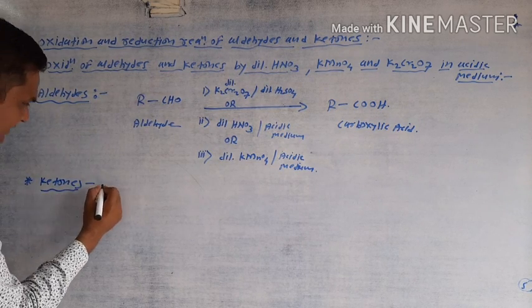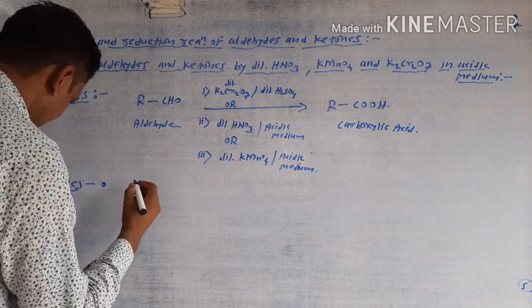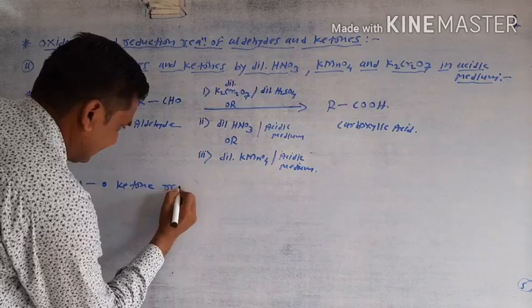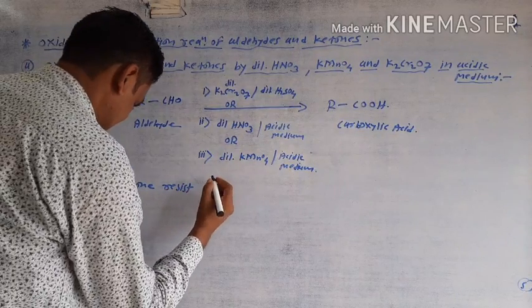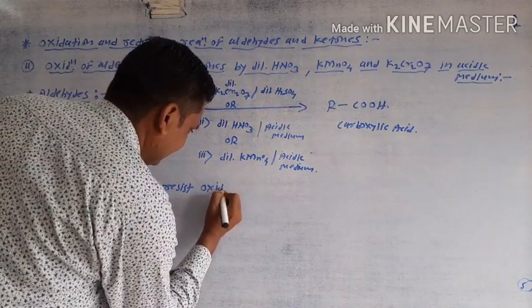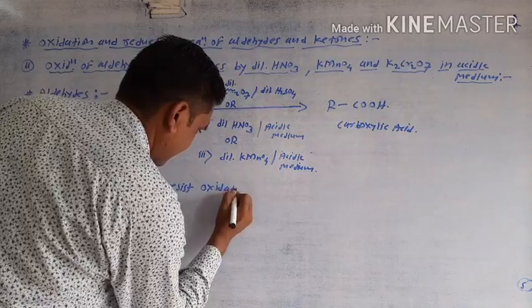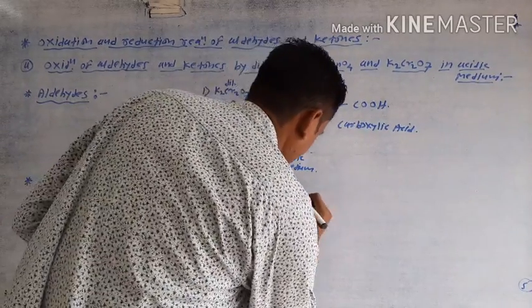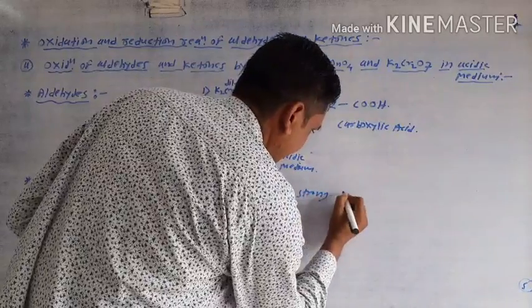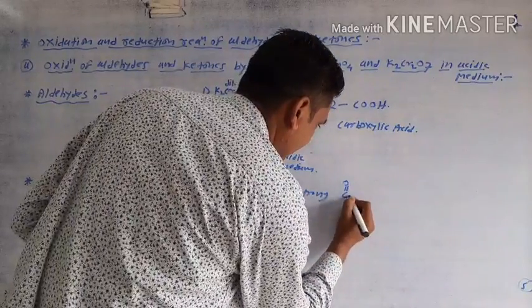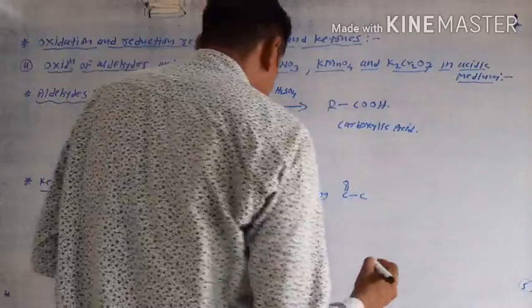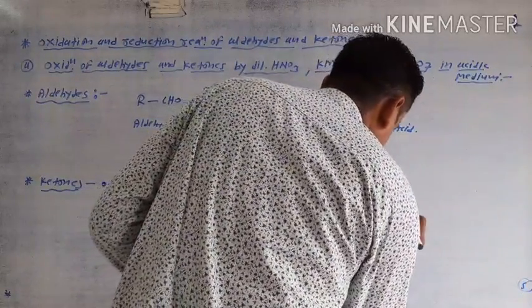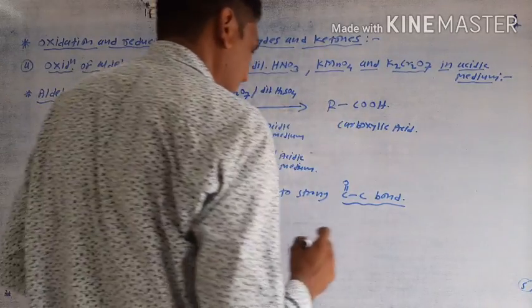Similar thing for ketones. For ketones, note down some important points here. Ketones resist oxidation due to the strong C=O bond.